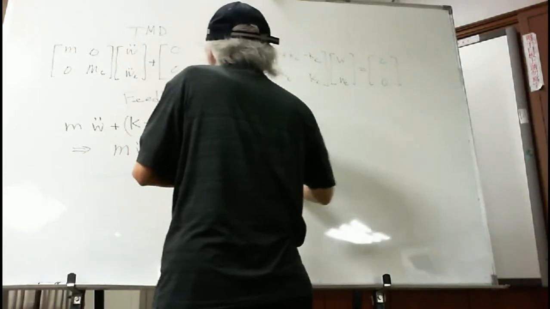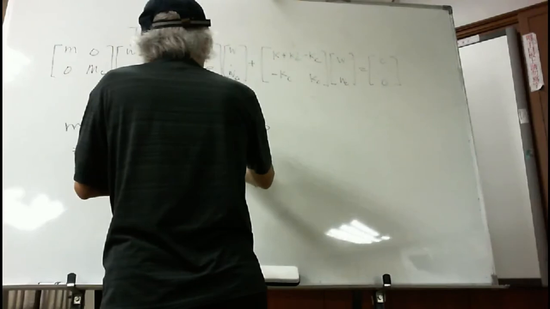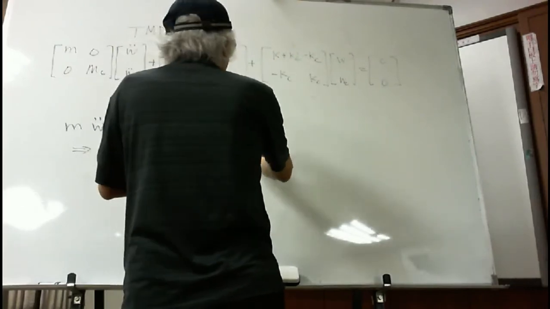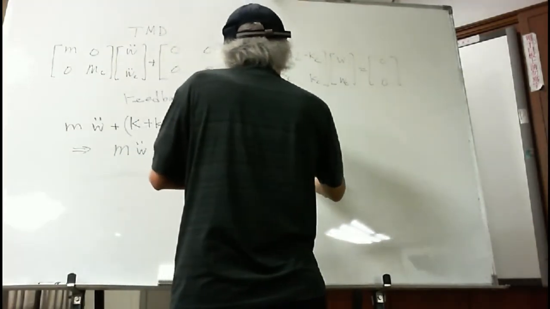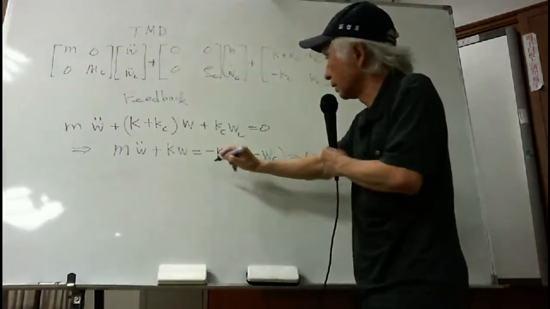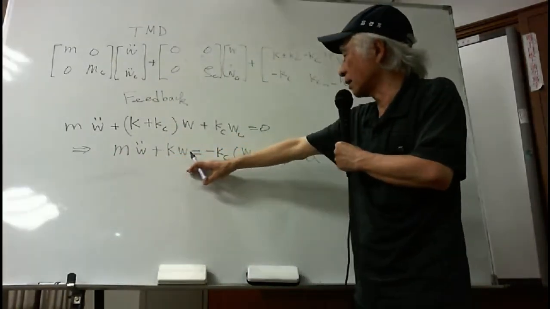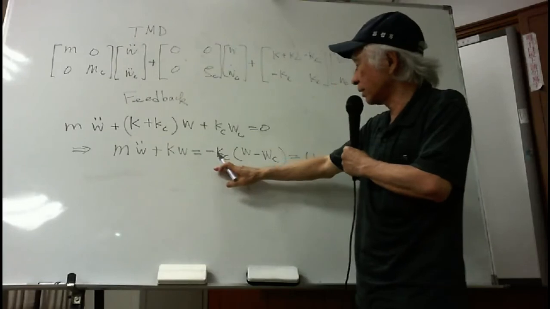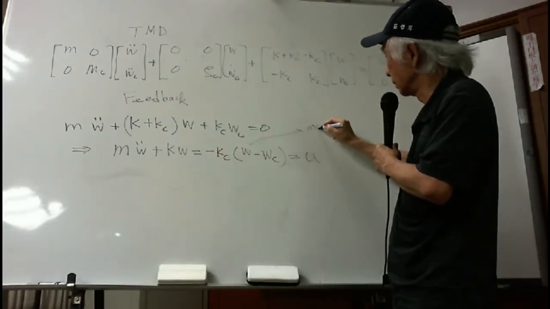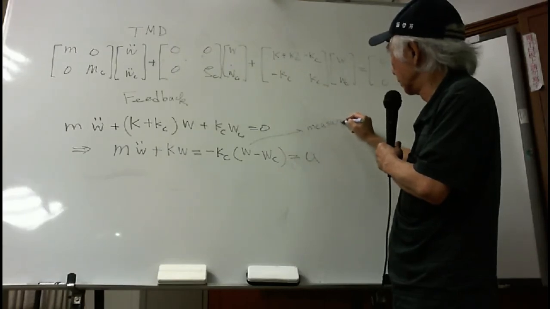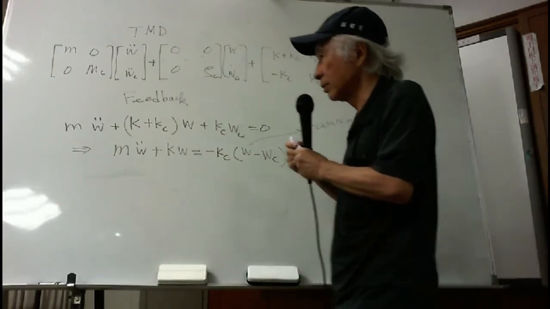So this one here is equal to minus KC, then W minus WC, and this is my U. So for the feedback, this is my original system. I cannot do anything. But now this part is from measurement, and this is from the computer.